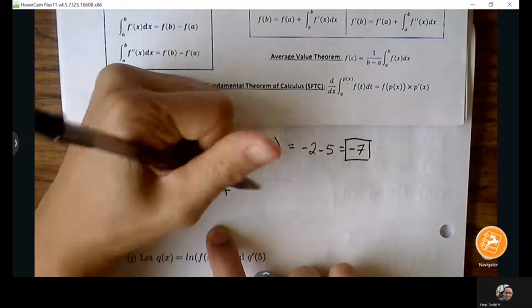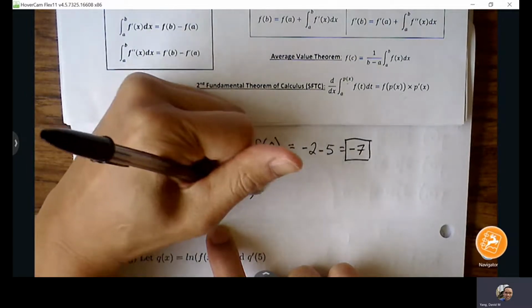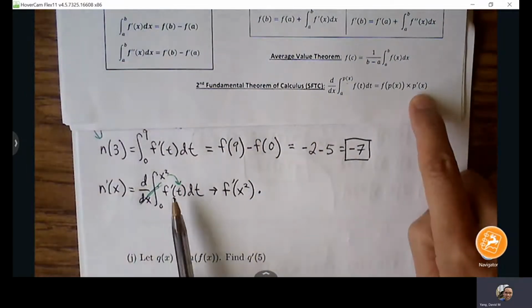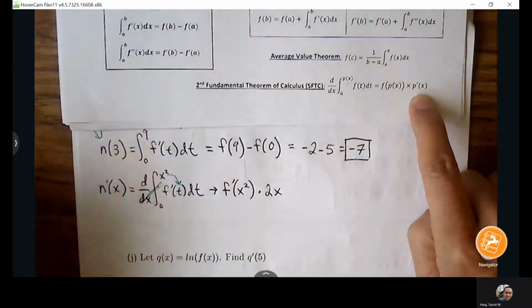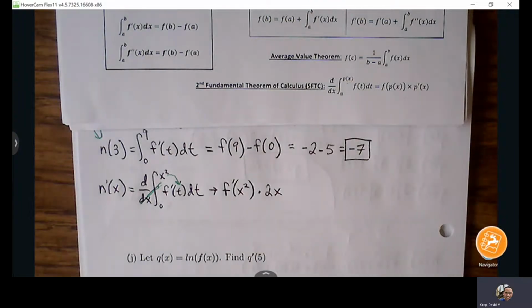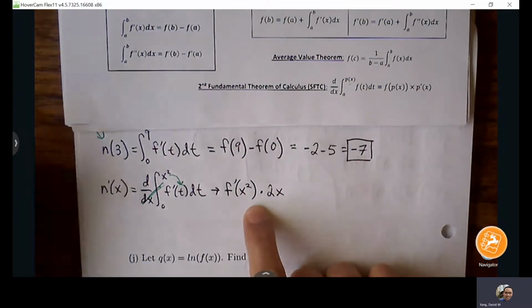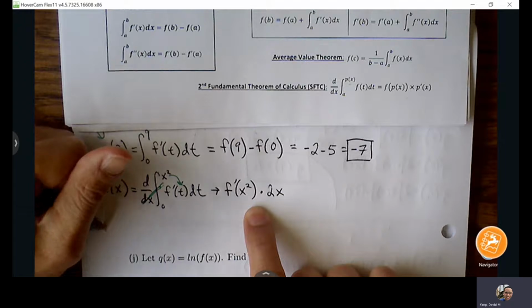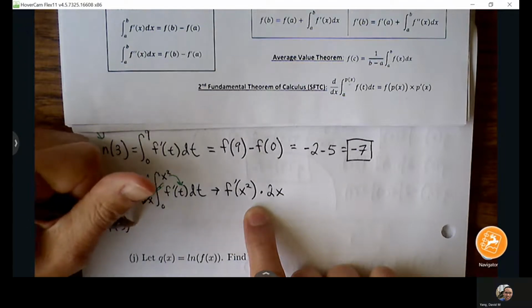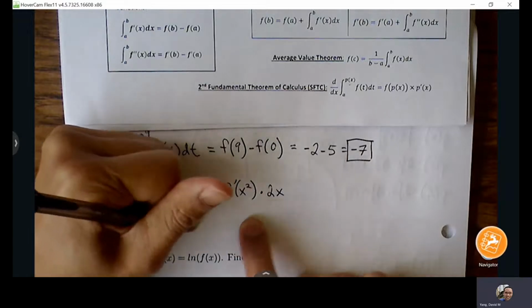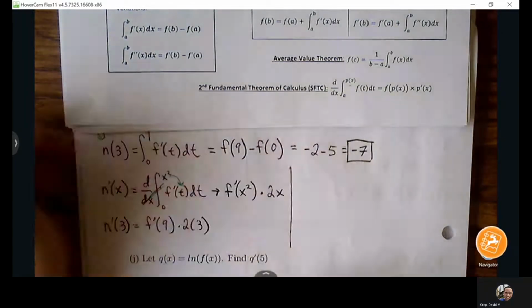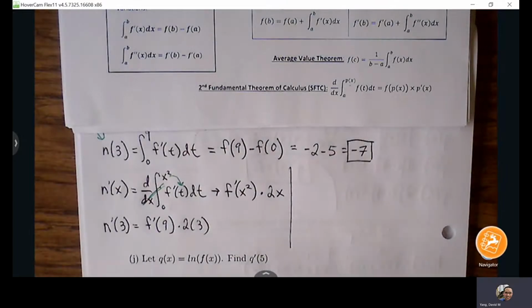So f prime of x squared times what? 2x. Okay, now we can replace x's with 3's to find n prime of 3. Okay, find f prime of 9 from your table.